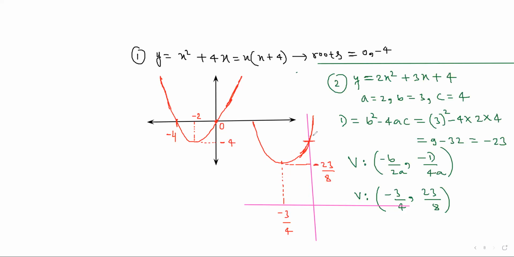And this is 0 comma c, 0 comma 4. This is the second graph. Okay. Got it? Yes, sir. Yeah.